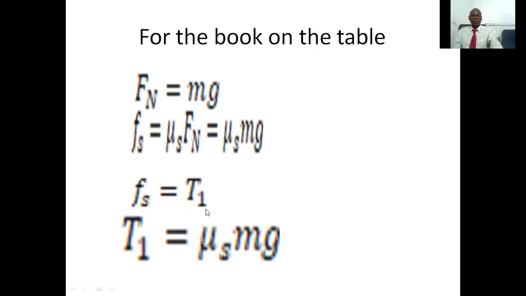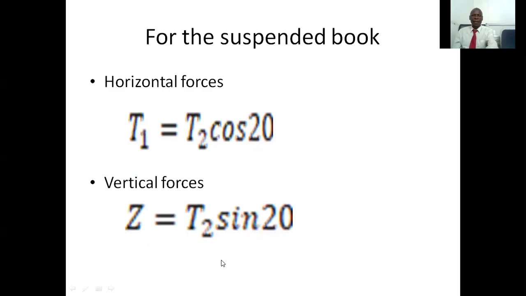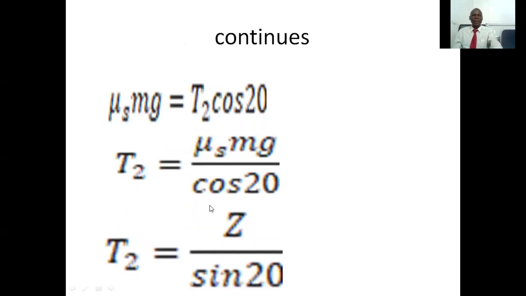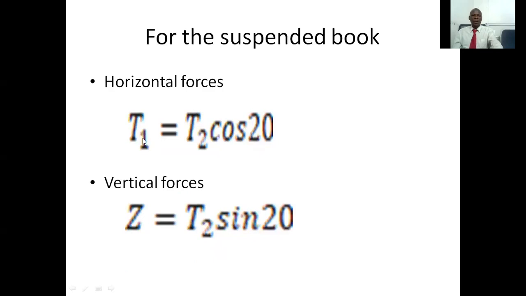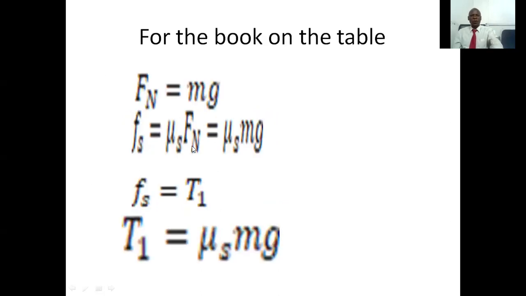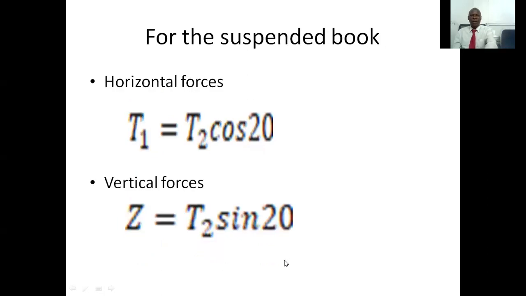And therefore, since here we said T1 is equal to T2 cos 20, where there is T1 here, we can substitute it with the coefficient of static friction times mg. And this is exactly what we have done on this one. And we can make T2 the subject of the formula, and therefore we are going to get the coefficient of static friction times mg over cos 20.